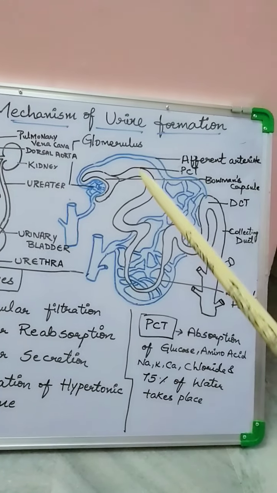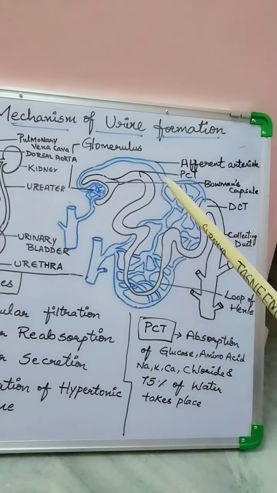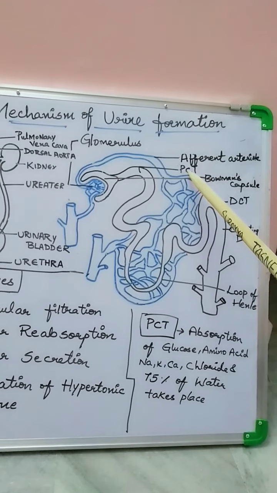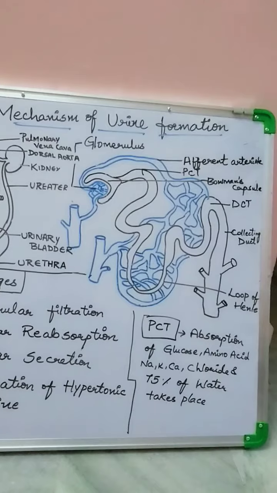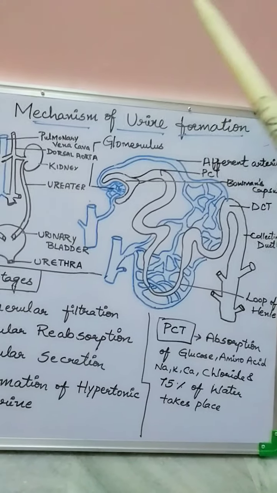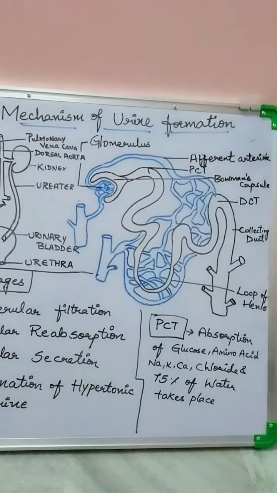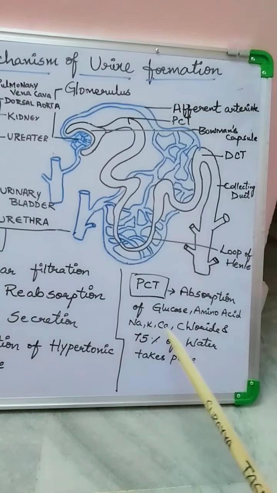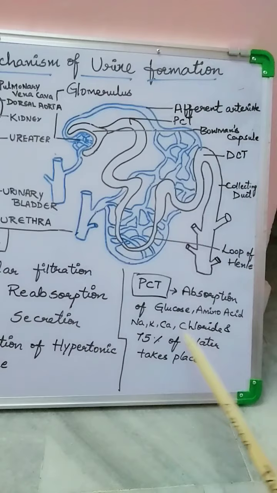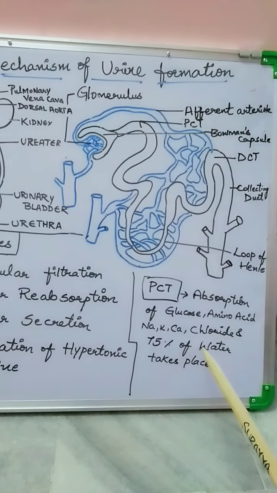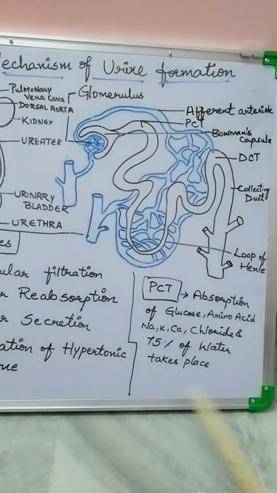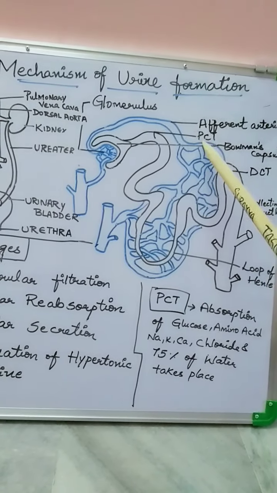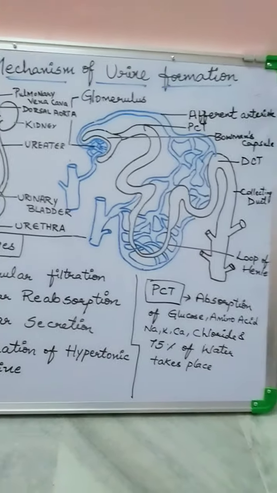In the same way, they will reabsorb all the essential and useful components like glucose, amino acids, sodium, potassium, calcium, chloride, and about 75% of the water is reabsorbed by the capillaries around the proximal convoluted tubule. I hope you are clear guys.